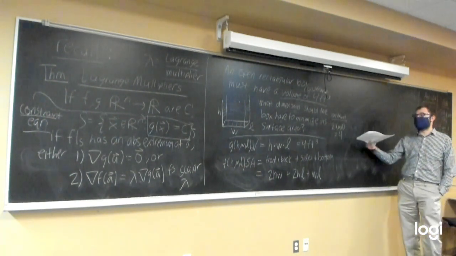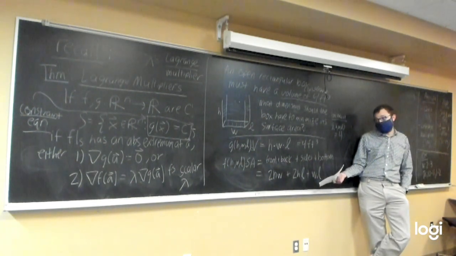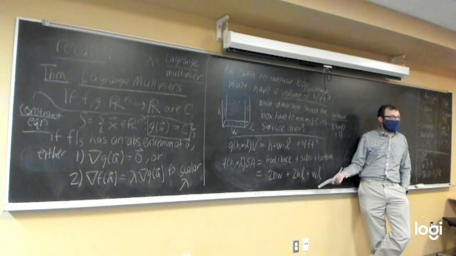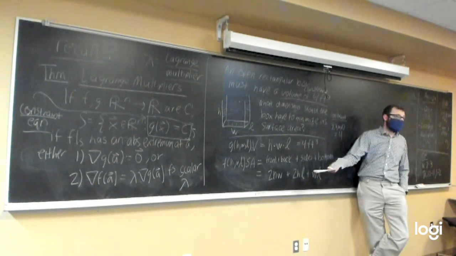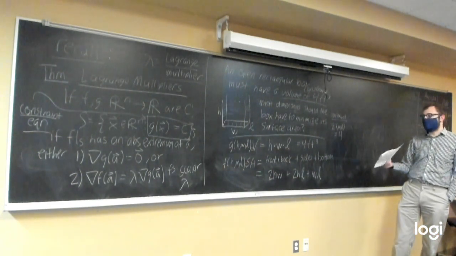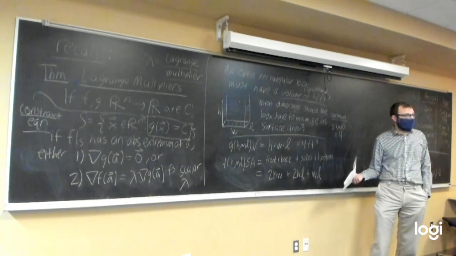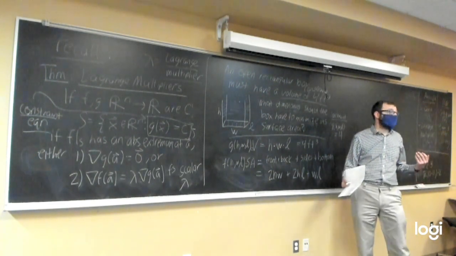If we didn't have this constraint on G, F wouldn't have to have an absolute max or an absolute min, because we could just make H, W, and or L as big or small as we want, and make this expression as big or small as we want. But the fact that volume has to come out to 4 is going to restrict how big or small we can make our H, W, and L respectively.